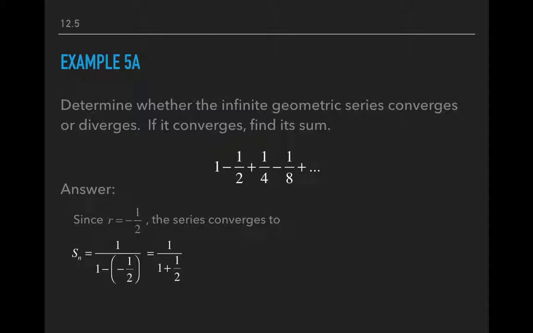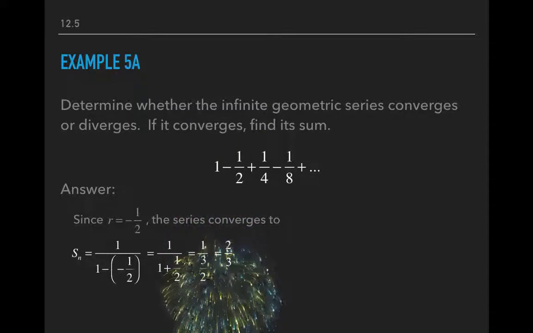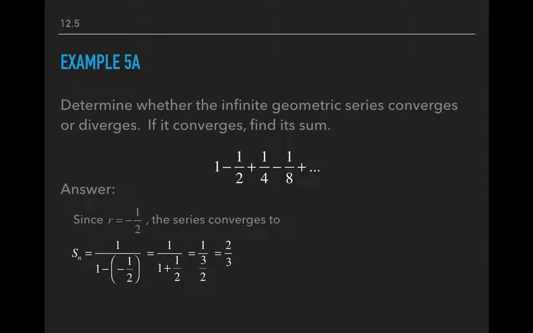We can simplify those two negatives and it becomes positive, giving us 1 over 3/2, multiply by the reciprocal, and this series is going to have the sum of 2/3. It's really fascinating to me that you can, even though you couldn't even count all of them, you can find their sum. And there it is.